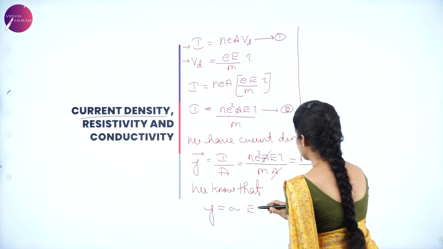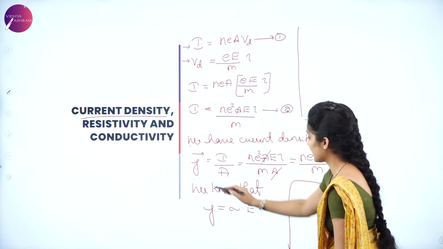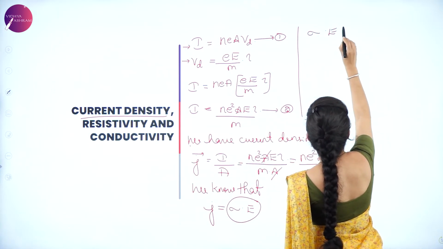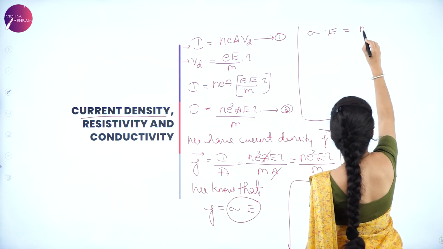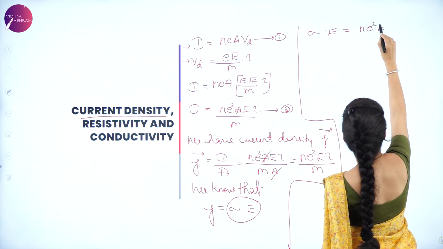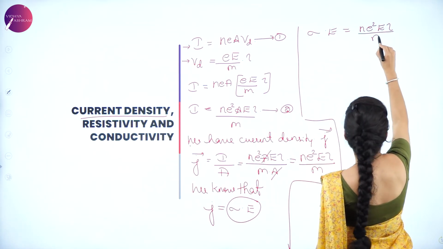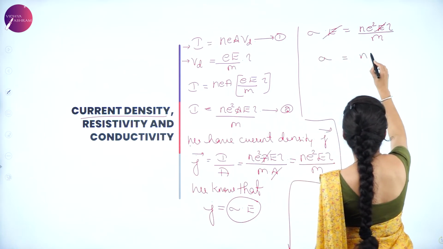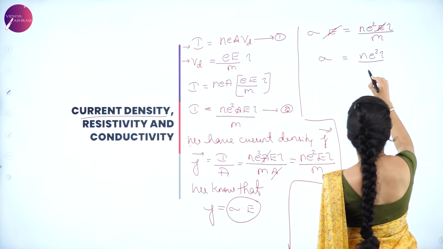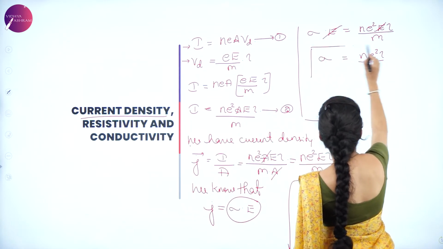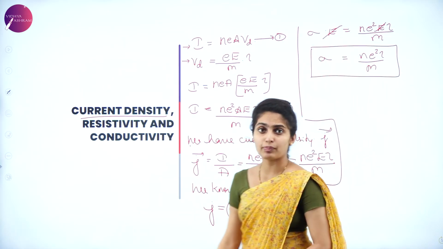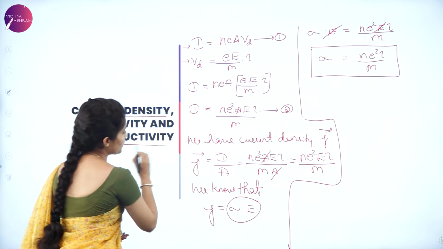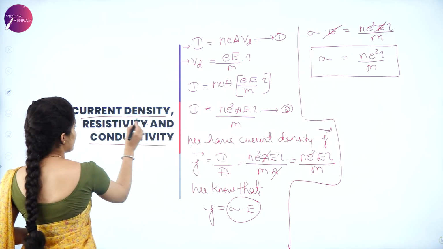In the place of J, I can substitute this equation, which is N E square E tau by M. E cancels with E, so I am left with N E square tau by M. This equation is nothing but the one which represents the conductivity. So here your conductivity is also done.